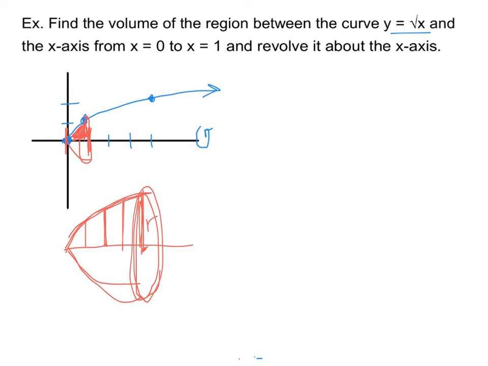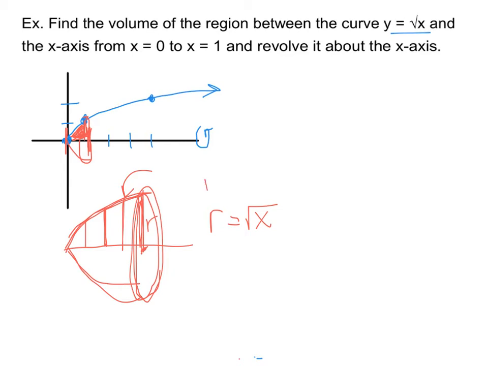So to represent all the radii, the radius of all of them is going to be the square root of x. It's going to be this function right here that we use to graph it. And so what I want to do then is find that region.